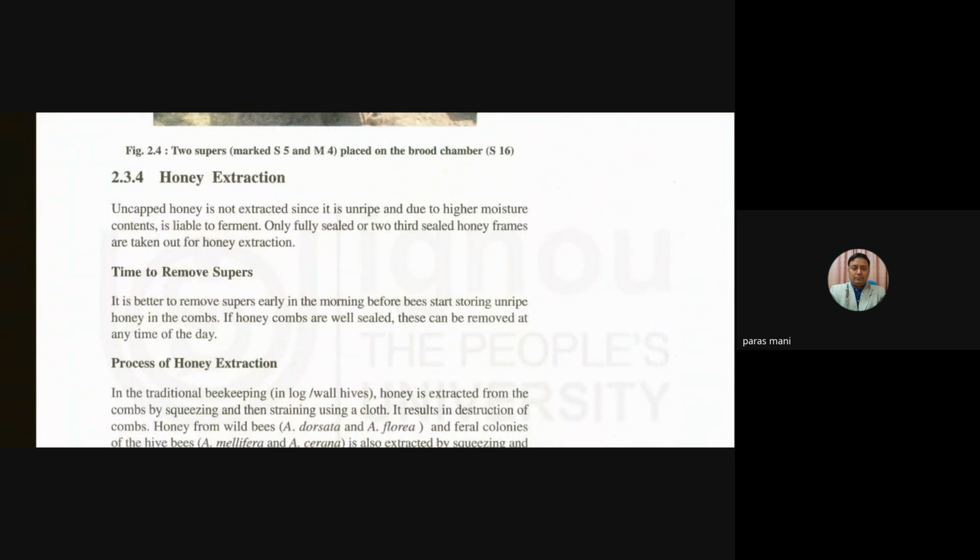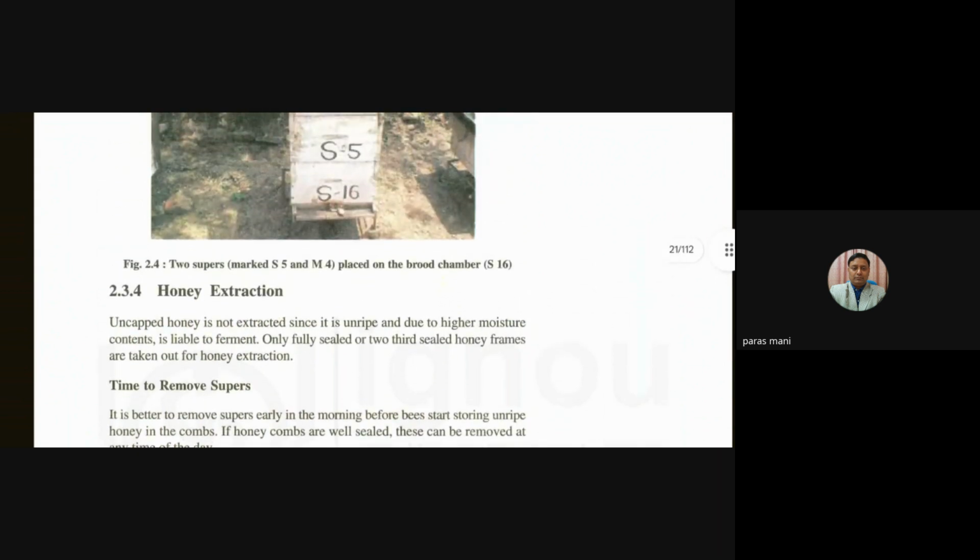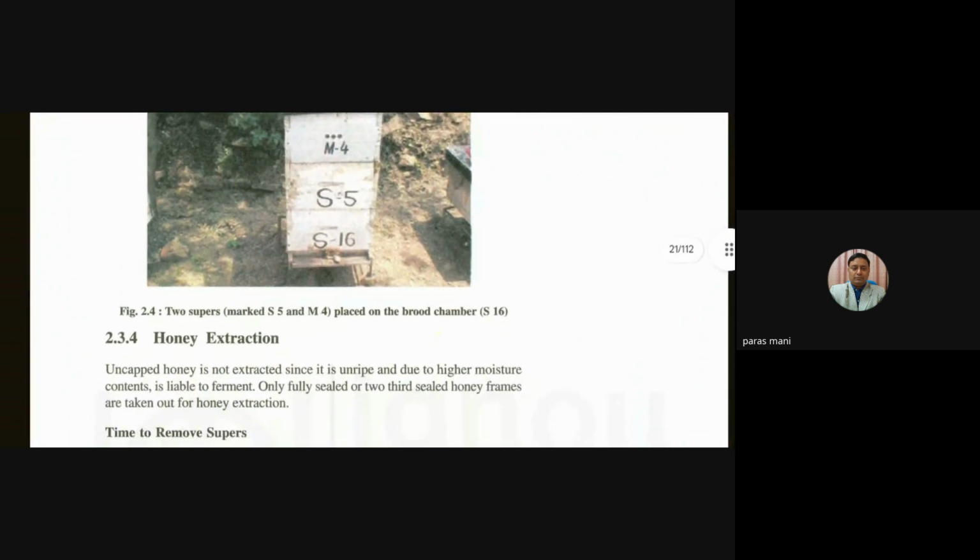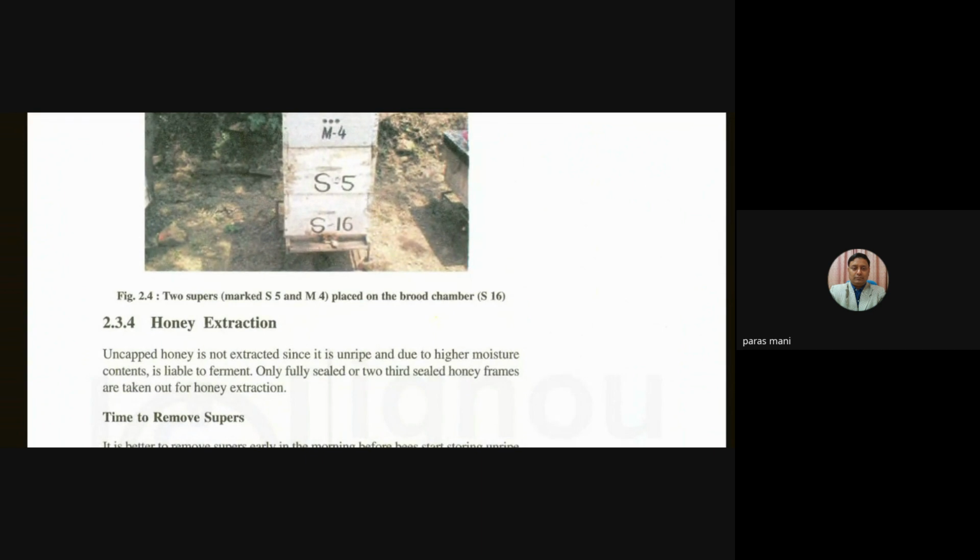And the honey extraction process is given here. How can we know which chambers, which frames or combs are ready for harvesting honey?